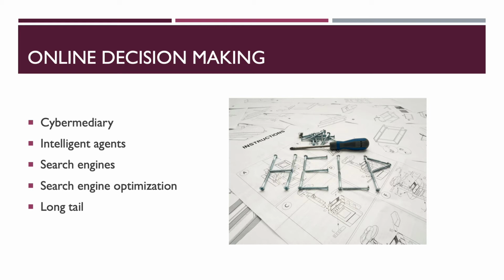The second term is intelligent agents. Intelligent agents are sophisticated software programs that use collaborative filtering technologies to learn from past user behavior and to recommend new purchases. Remember my Amazon recommendation example or Netflix's what you would like to watch next example. These are all intelligent agents.